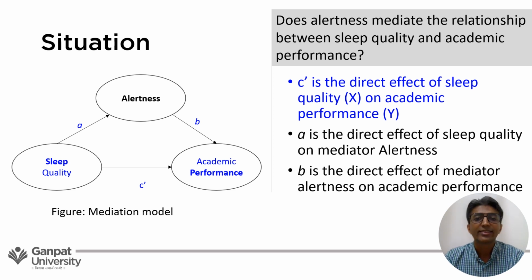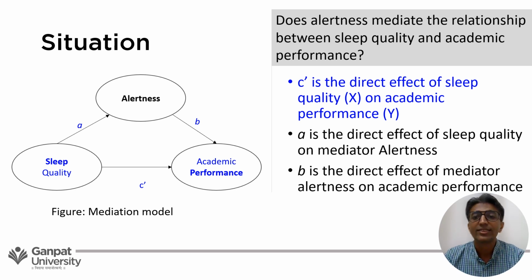Considering this research question, we can get an idea that sleep quality is our independent variable, academic performance is the dependent variable, and alertness is acting as a mediator. Sleep quality first influences alertness, which in turn affects academic performance. This is a mediation model wherein alertness is acting as the mediator.